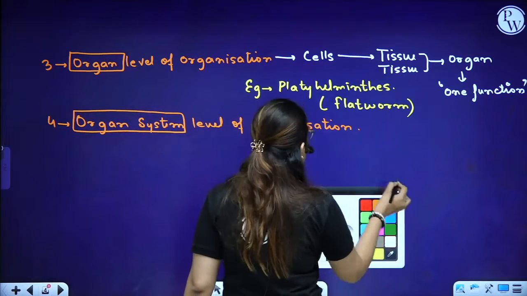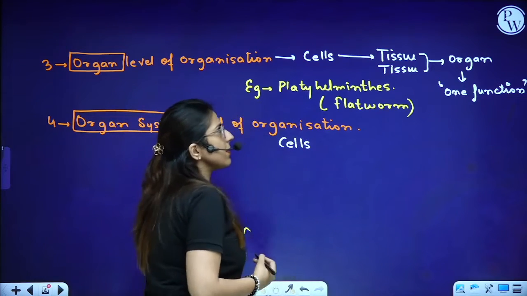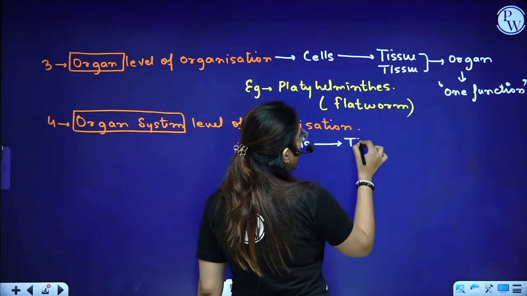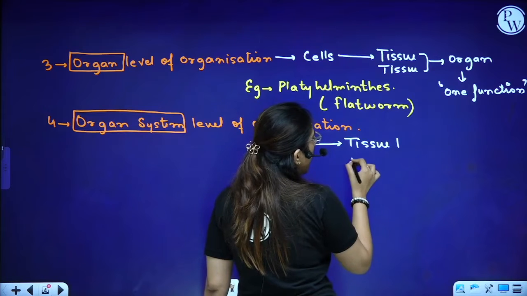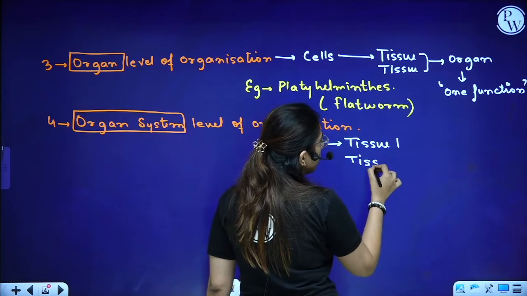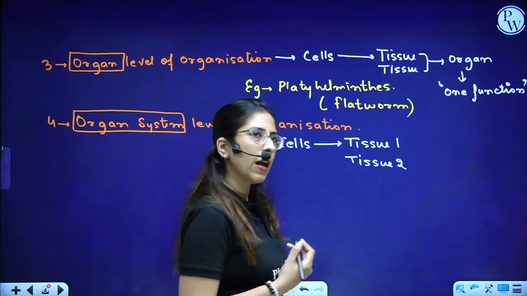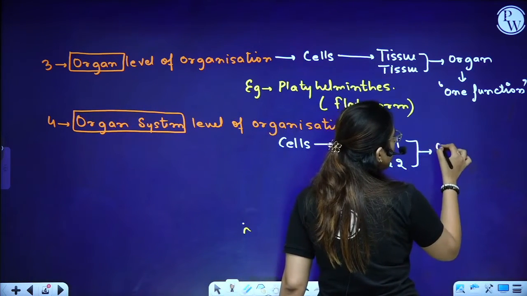This means that the body has various kinds of cells. These cells combine together and form tissues. Tissue 1, and other cells combine together to form tissue 2. I'm just giving one example. So these tissues combine together and form an organ.